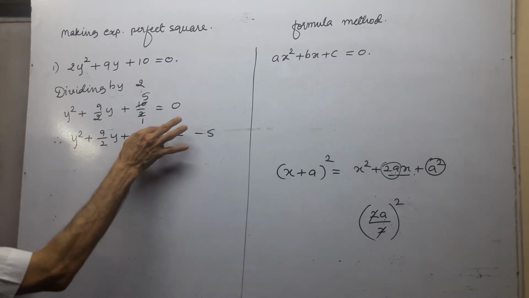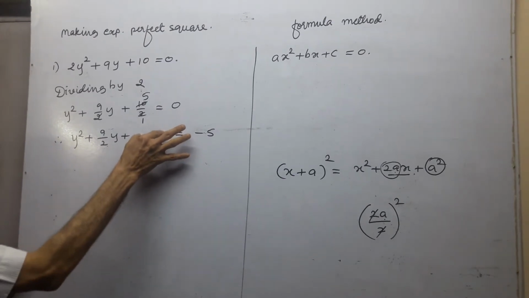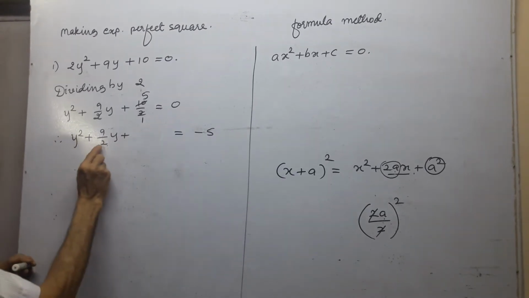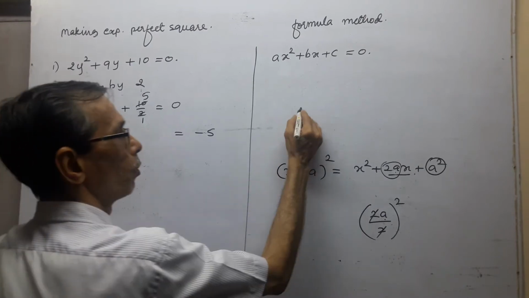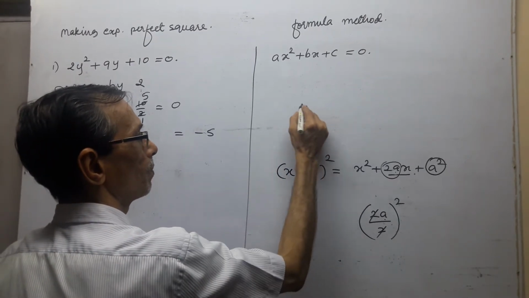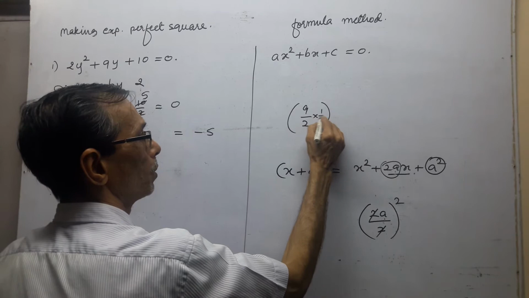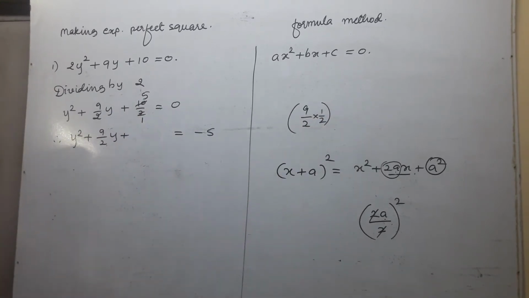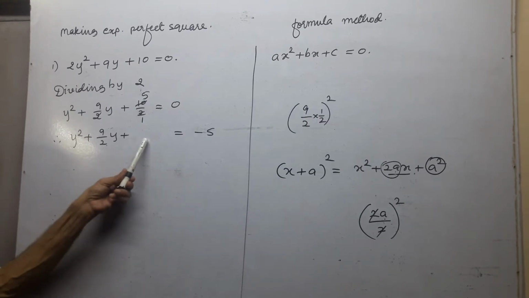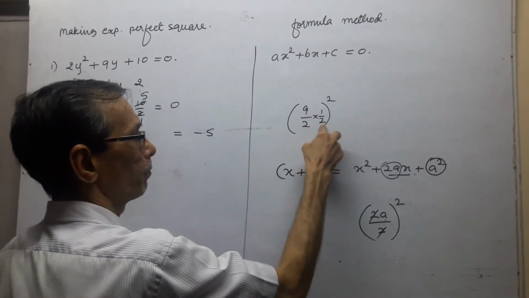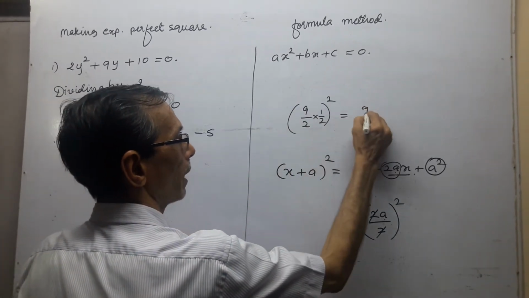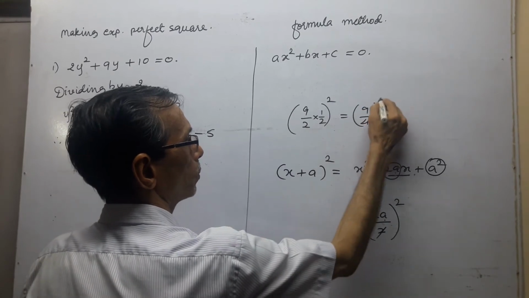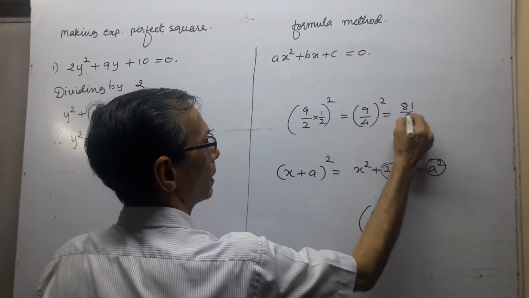Once again, I want the third term as a perfect square, and therefore I will take the coefficient of the middle term. The coefficient of the middle term is 9 upon 2. I will divide by 2, which means multiply by 1 upon 2, and take the square. That is the third term. So here, 9 upon 4 whole square, and that is equal to 81 upon 16.